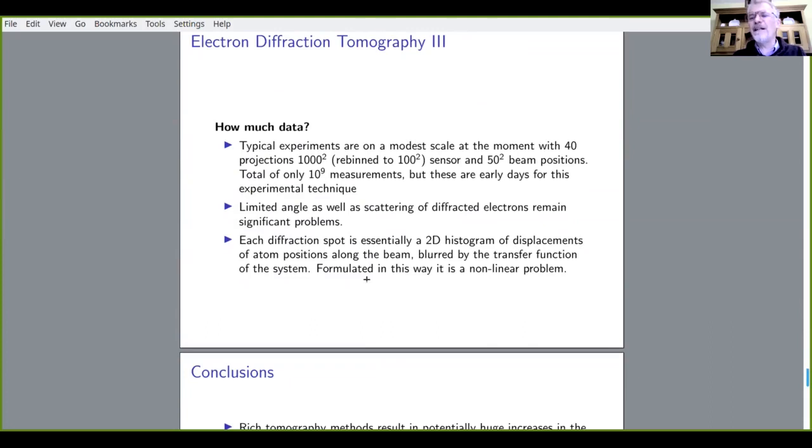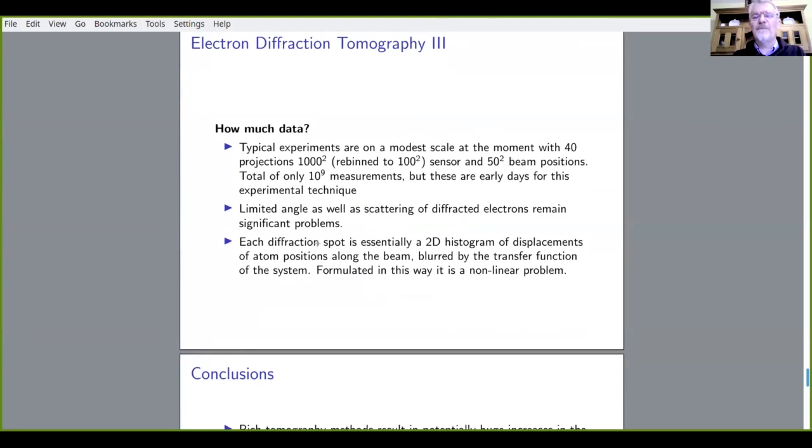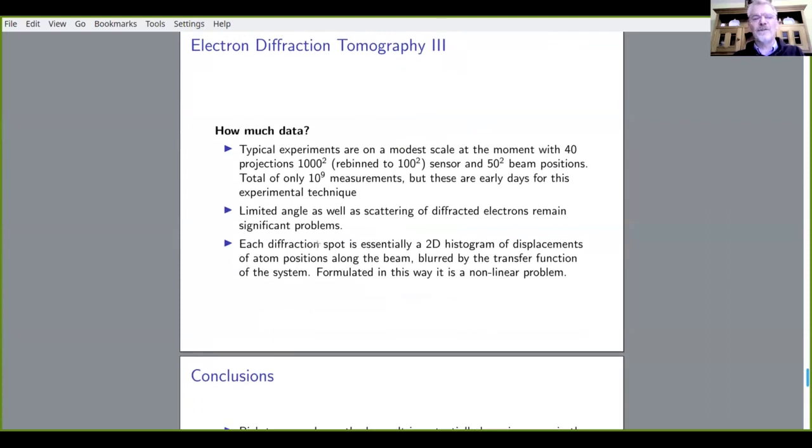How much data? Well, they've only done feasibility studies, but the sort of thing they're talking about is a screen with 1,000 by 1,000 pixels, where typically each pixel doesn't really have enough electrons, so they rebin them to something more like 100 by 100.